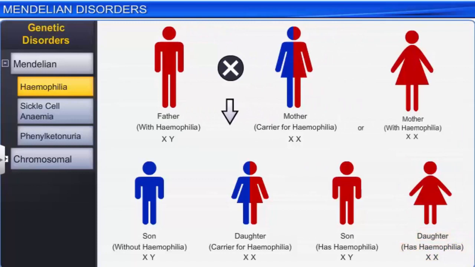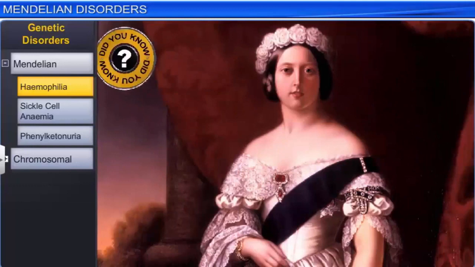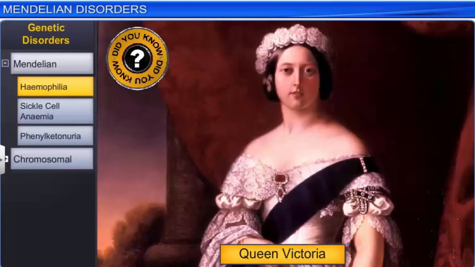That is, the father must be a hemophilic, carrying the recessive X chromosome, and the mother must be a carrier or a hemophilic too. Did you know that hemophilia is also known as a royal disease, as Queen Victoria of England was a carrier of this disease and had passed it to her descendants?